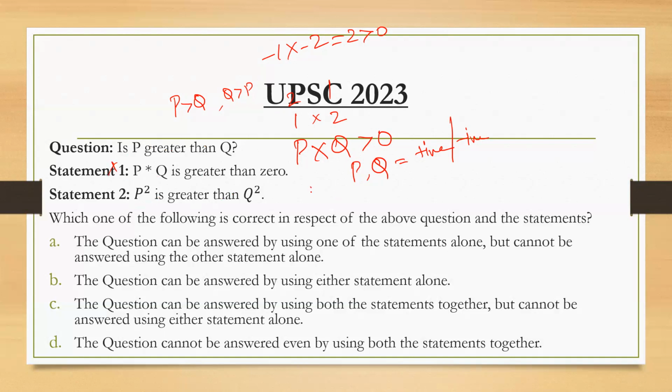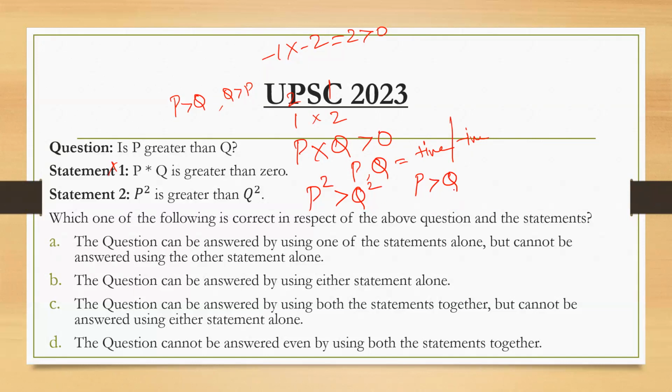What about statement 2? Statement 2 says P square is greater than Q square. Now from here, can I say P is greater than Q? Why can't I say P is greater than Q definitely? What is the reason? Exactly. We have just discussed that, yes, P square is greater than Q square.